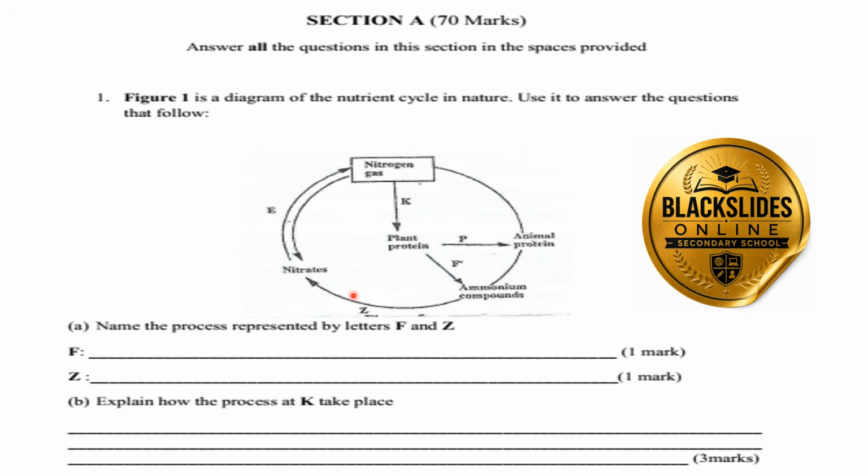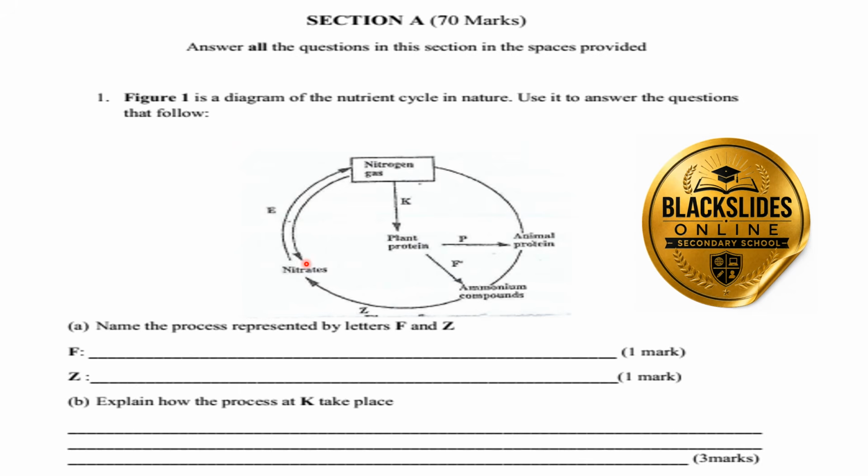Other special types of bacteria also take up ammonium compounds and change it into what are called nitrites in the form that plants love to absorb. So plants will absorb those nitrites and make protein again. The process goes on and on.